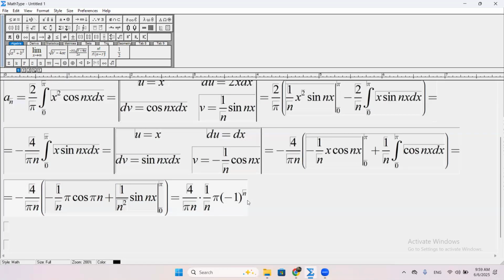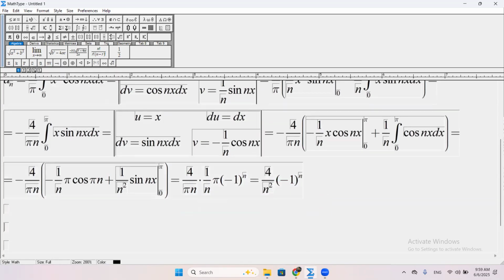And now let's simplify what we can simplify. Actually p goes away, so we can cancel it, leaving n square and minus 1 in power of n. So actually that's all that we received.